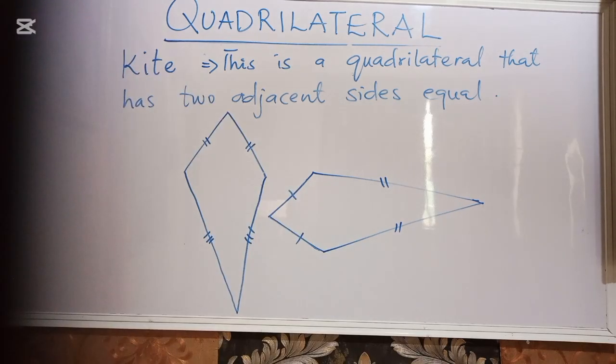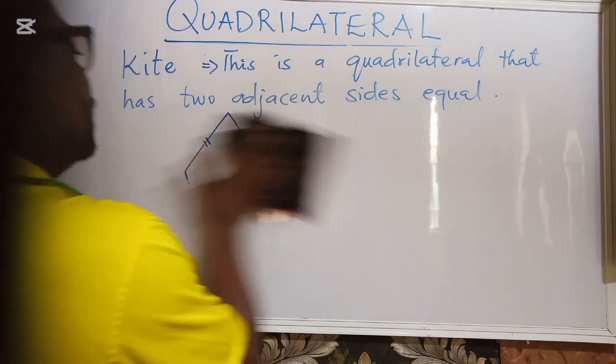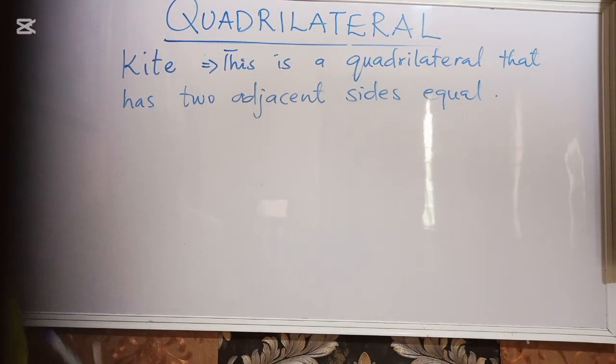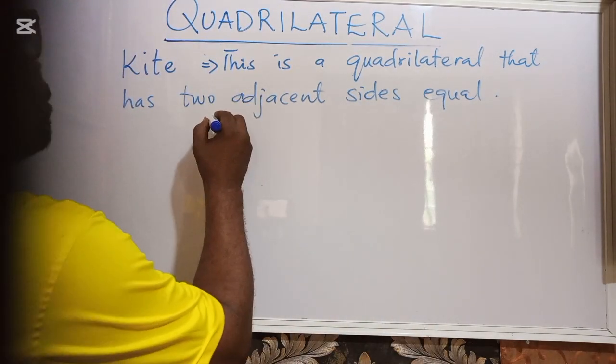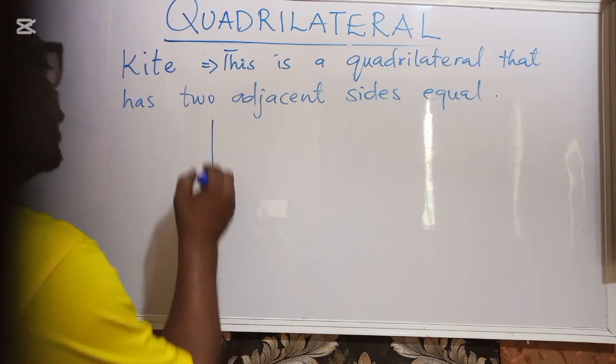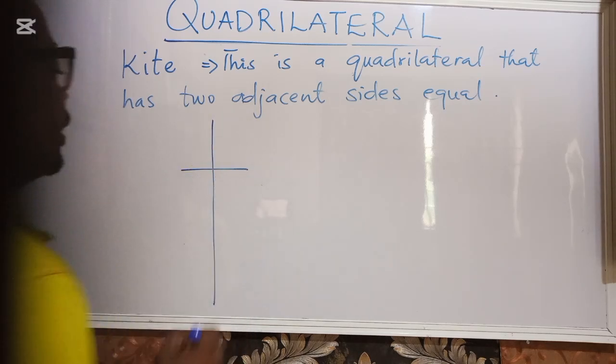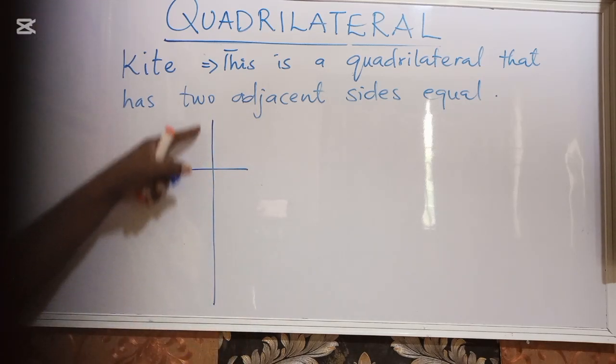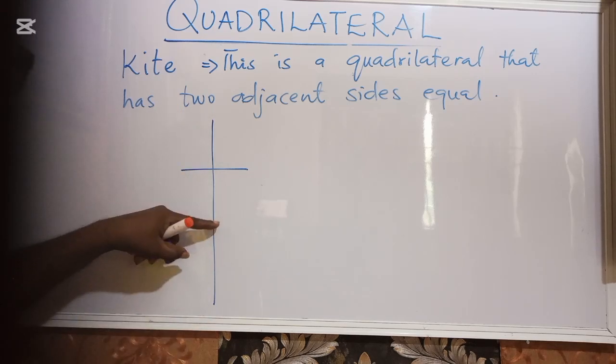I met a student very smart like that. He told me that Mr. Ola James, if I want to draw a kite, I will use my pencil to draw a straight cross like this. That means this side is long, but this one is not placed in the middle.